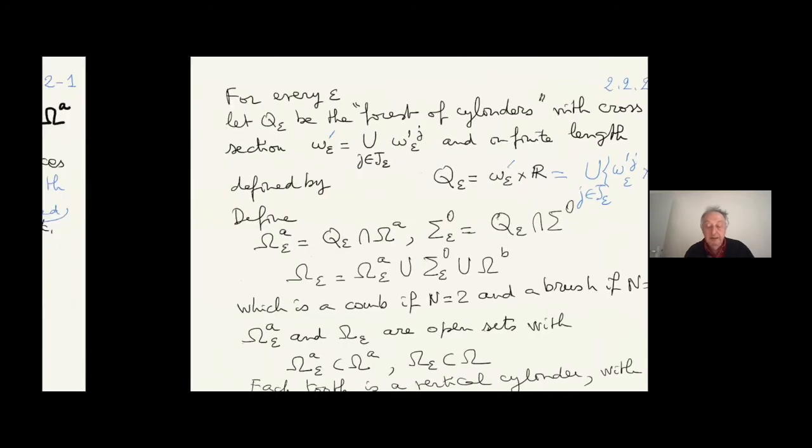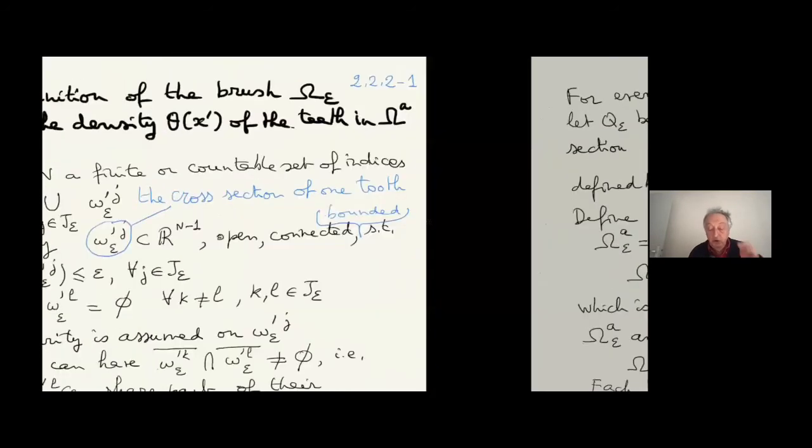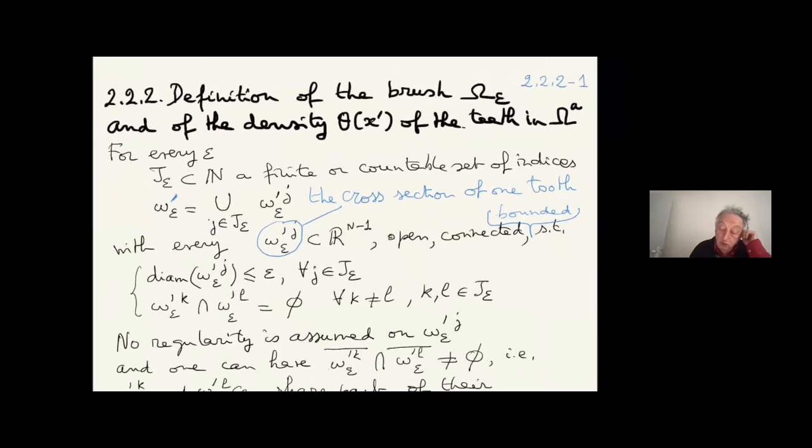Okay, for that, I will describe the tooth. Any tooth will be a cylinder, so I will describe its cross-section. The cross-section of one tooth, for epsilon given, will be a set omega prime J epsilon.